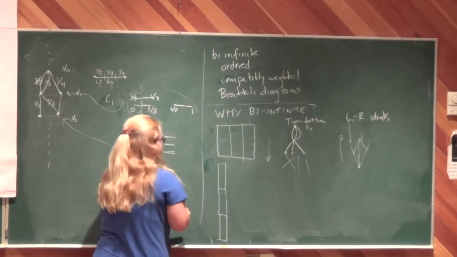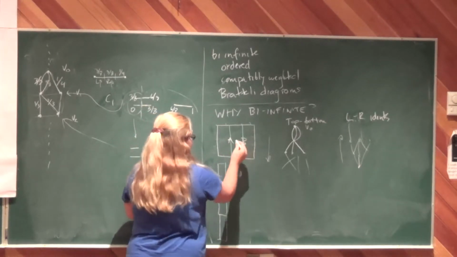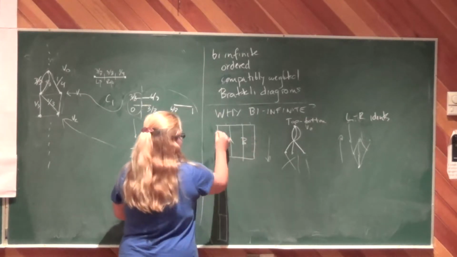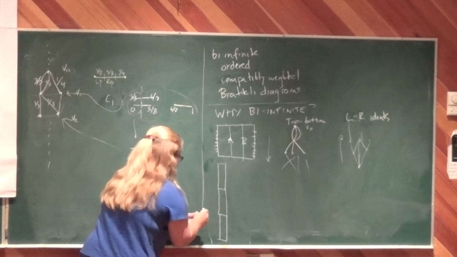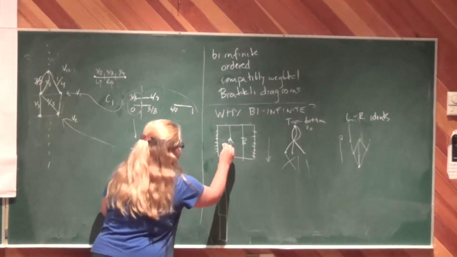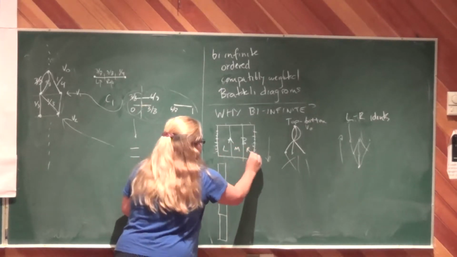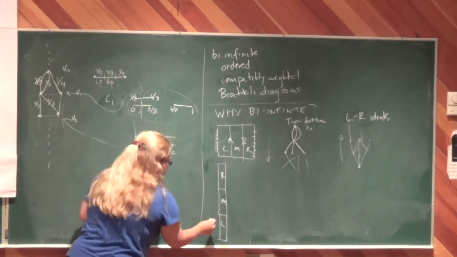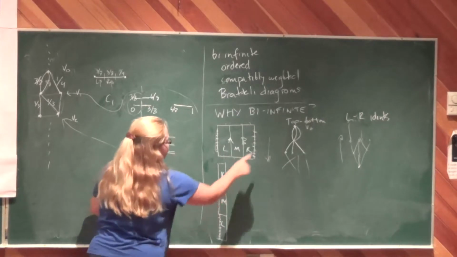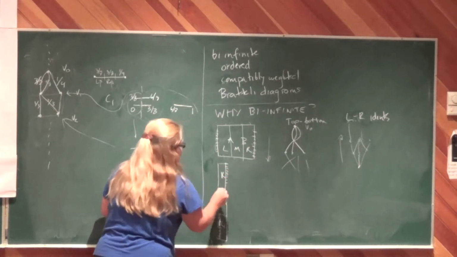I'm going to label my edges A, B, and then whatever the intervals are. So A is on the bottom, or sorry, I'll say left, middle, right. So I have left, middle, right. So this edge is here. This edge is here, whatever the thing is.